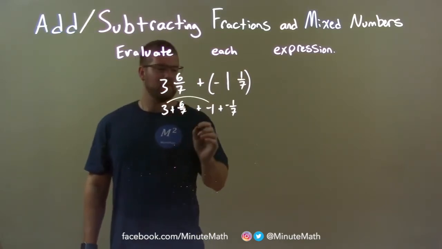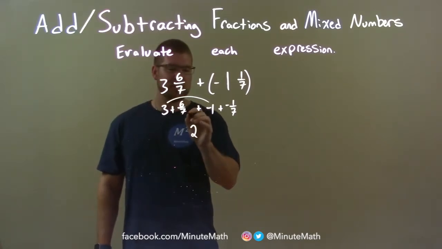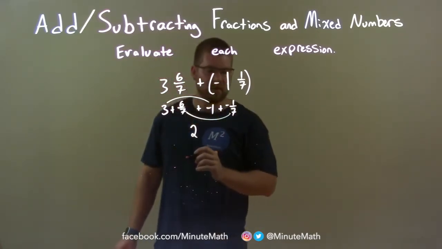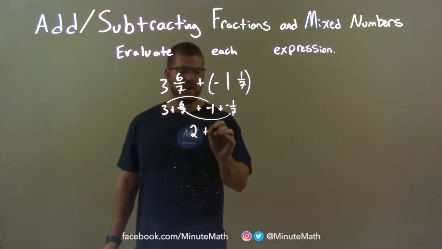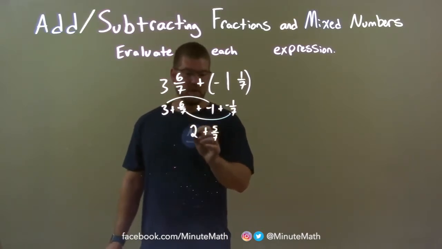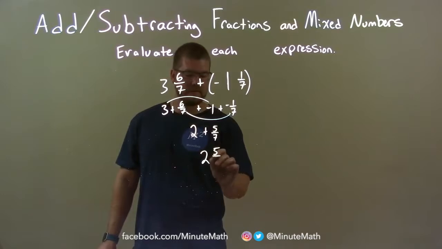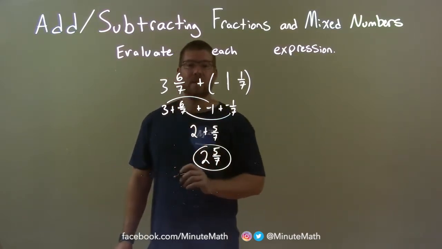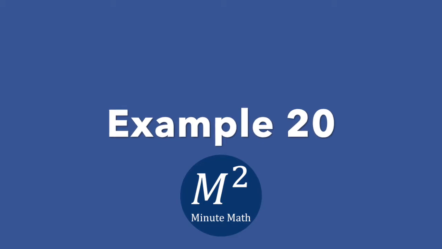So 3 and negative 1 come out to be a positive 2, and 6/7 and a negative 1/7 is plus 5/7. So now you can combine these two together and just make it 2 and 5/7. And there we have our final answer.